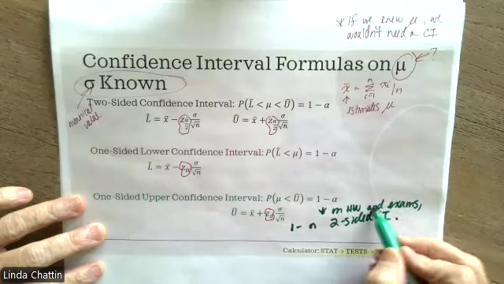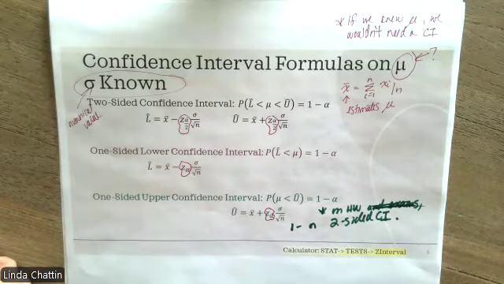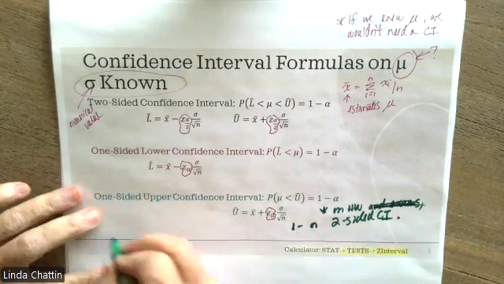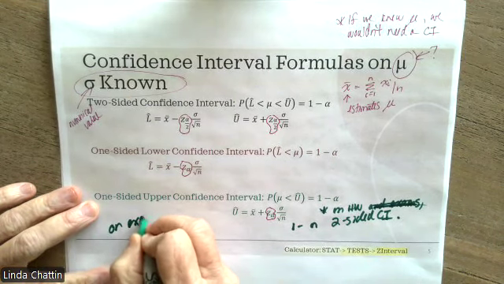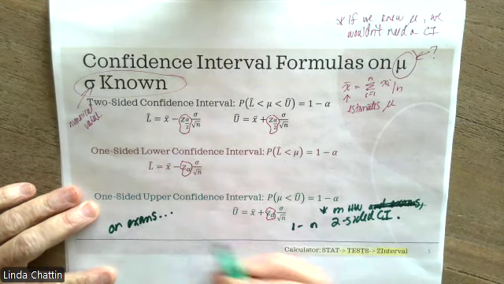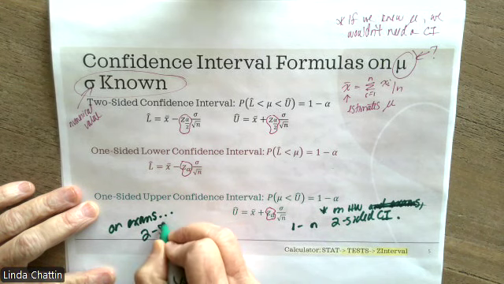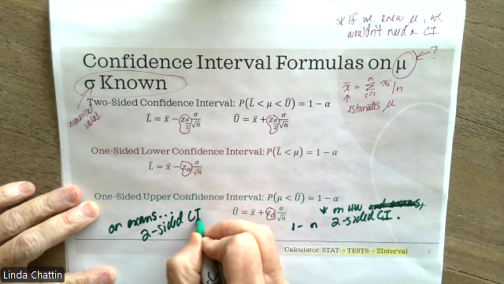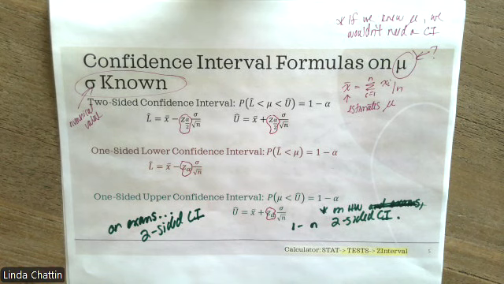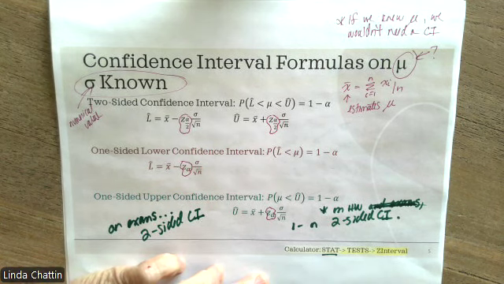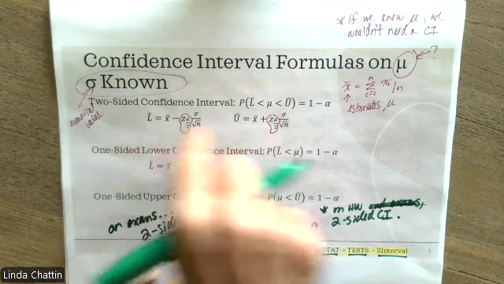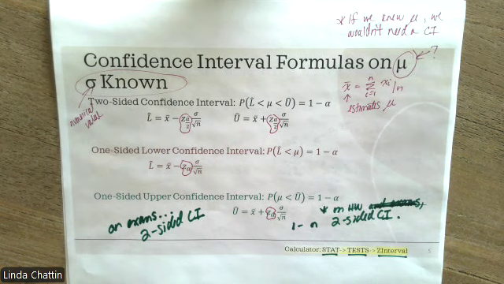On homework, you're going to be asked for one or two-sided confidence intervals. On exams, I will only ask for a two-sided confidence interval, just because it's what your calculator does. The other good news is if you go to the stat function in the TI series, test and then Z interval, it will actually do these equations for you. So I will do both for you here in the example that I'm about to do.